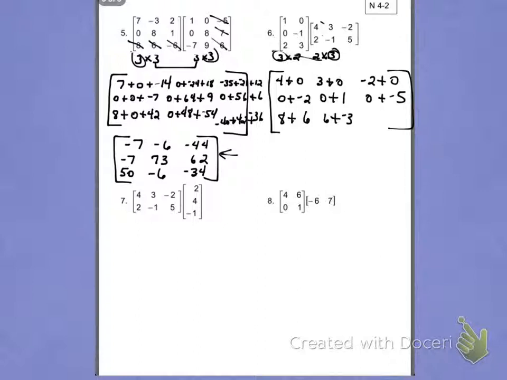And in our last spot on our answer matrix, 2 times negative 2 is negative 4, plus 3 times 5 is 15. And so when we add those together for our final answer matrix, you have 4, 3, negative 2, negative 2, 1, negative 5, and 14, 3, and 11. And that's your final answer for number 6.